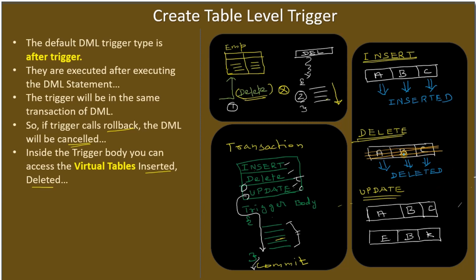So here the inserted table will not be present because nothing got inserted. So here in the update statement, if you see, the value got changed, right? So you can refer to the old value using the deleted virtual table.